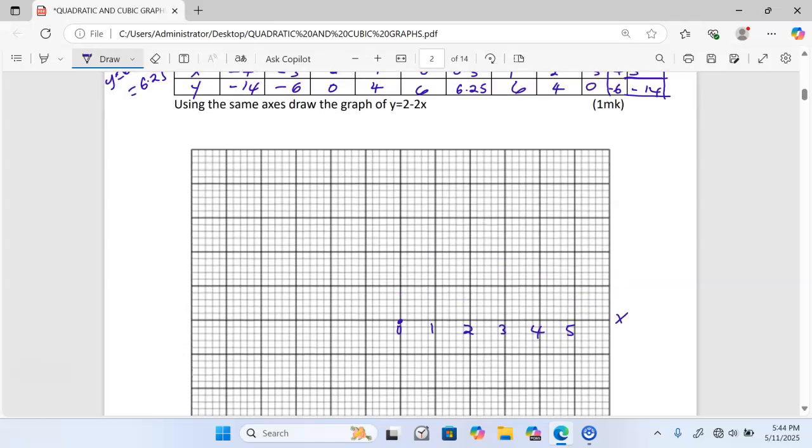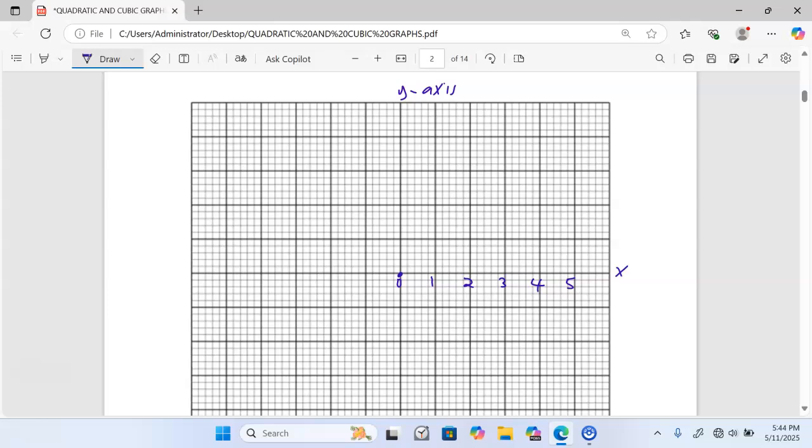So assuming this is our center here, we will be having 1, 2, 3, 4, 5. Assuming this is our 0, we shall be having 1, 2, 3, 4, 5. This is our x-axis.